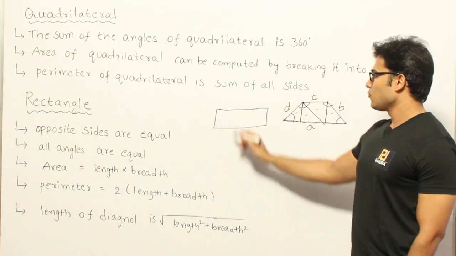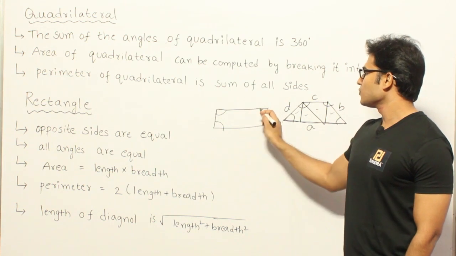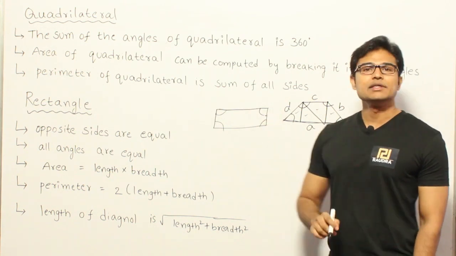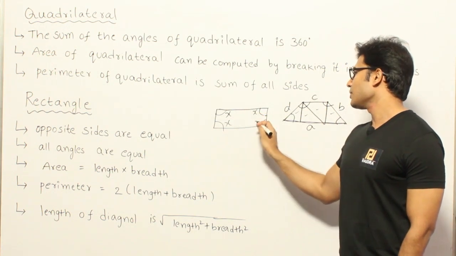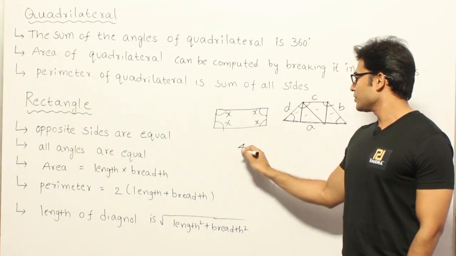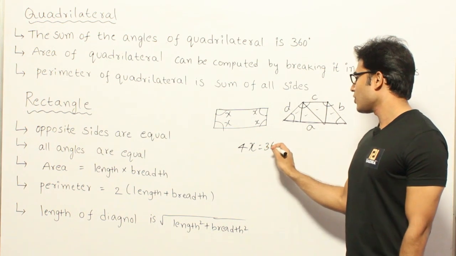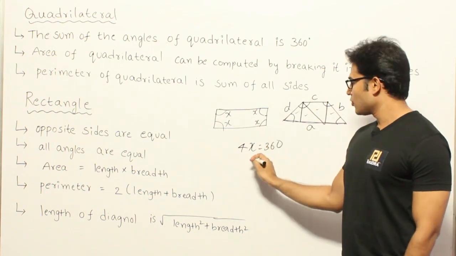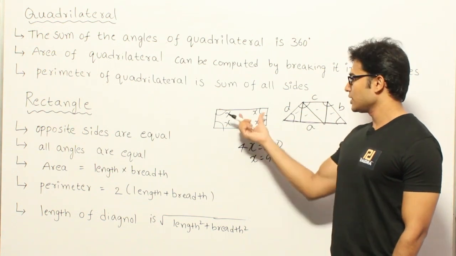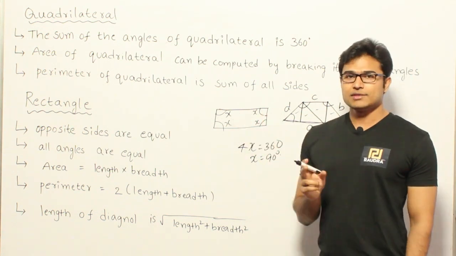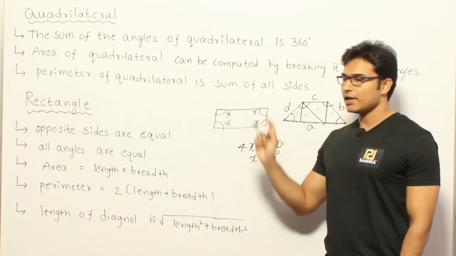You have 4 angles, and if all these 4 angles are equal, what will be each angle? If you assume that each angle is x and all of them are equal, we know that 4 into x equals 360. Why? The sum of all angles is 360. Therefore, each angle is going to be 90 degrees. So whenever all the angles are equal, they are always going to be 90, 90, 90, 90 in the case of a quadrilateral.